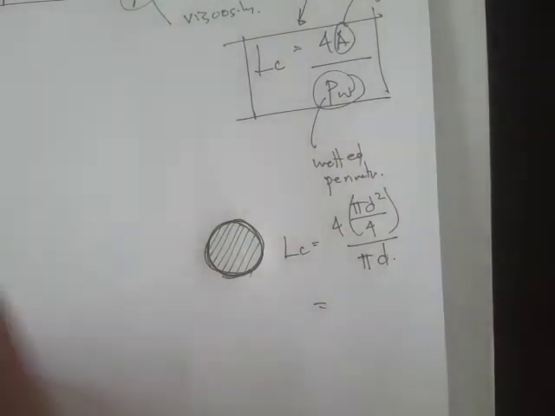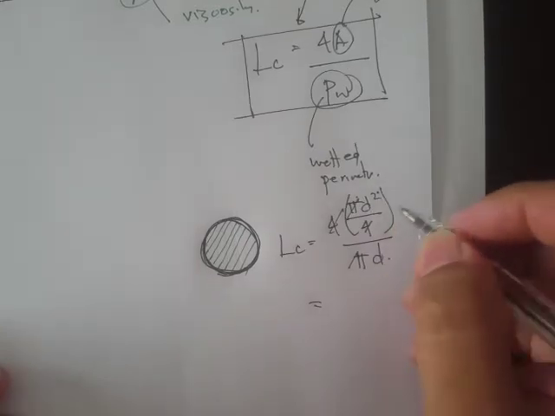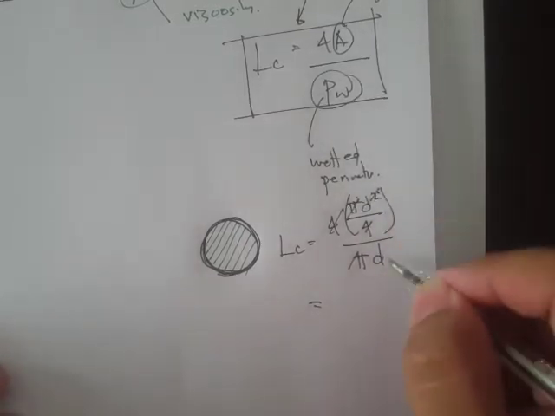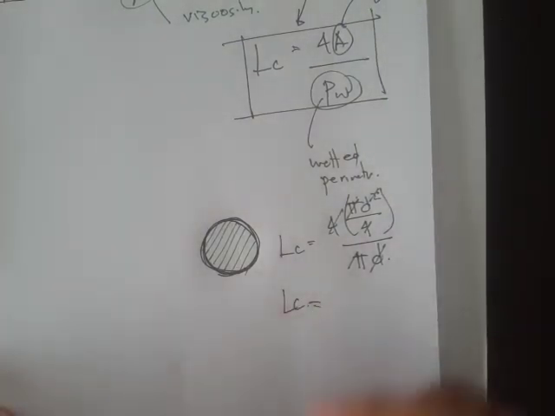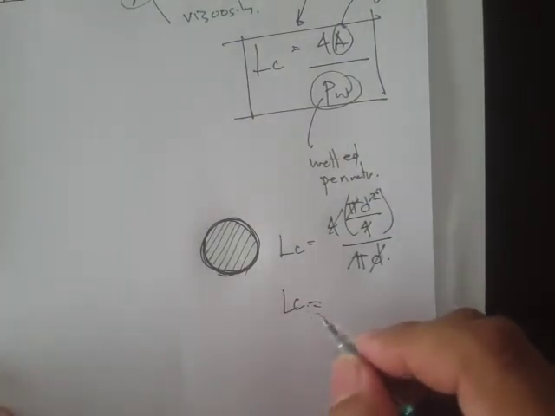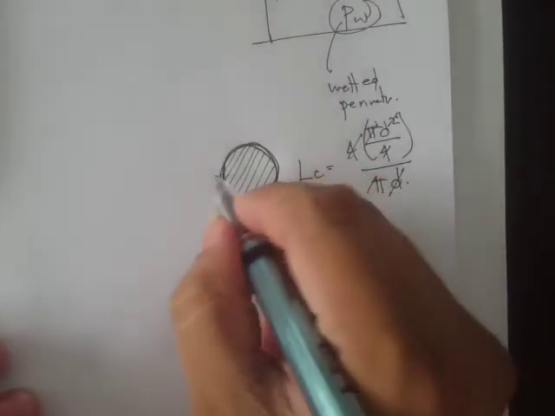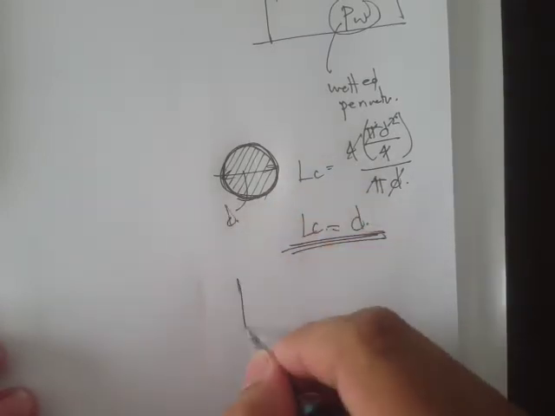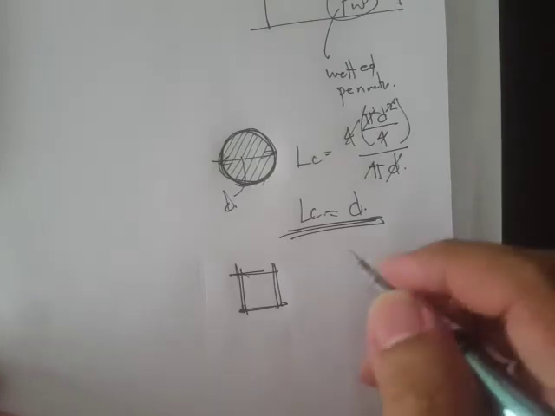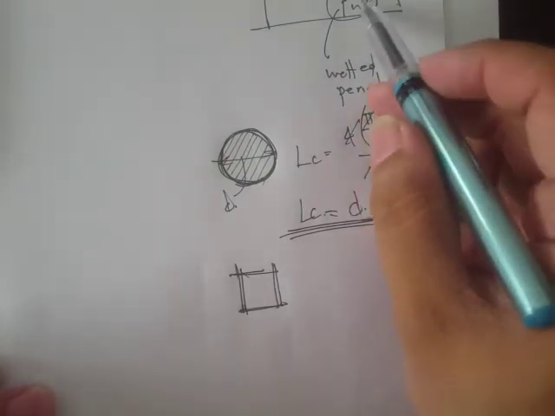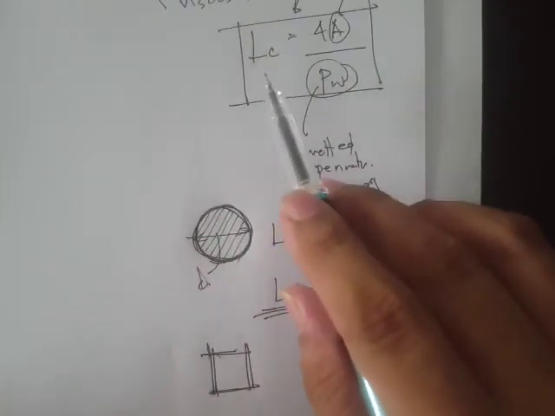To simplify, since we have 4, we have pi, and we have d squared in the numerator, this cancels out. Therefore, for circular pipes, internal flows, the characteristic length is equal to the diameter itself. But if we have a square or a rectangle, then of course you have to compute the characteristic length.